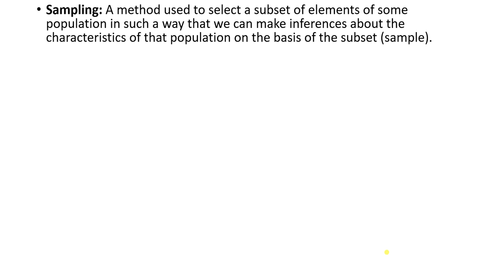Let us have some other terms. As I discussed, the actual method or technique that we use for selecting a subset of elements from the well-defined larger set, that is the population, is called sampling. This selection of the elements is done in such a way that we can make inference about the characteristics of the population on the basis of the subset.